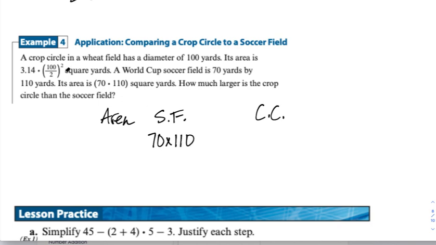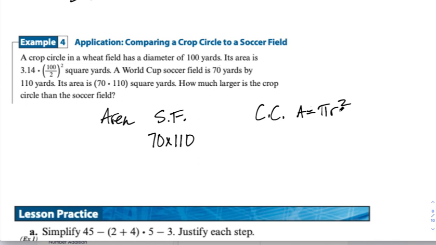The area of the crop circle, since it's a circle, is going to require us to remember that a circle's area is found by doing pi r squared. So we're going to calculate that by looking over and seeing that the diameter of the crop circle is 100 yards.